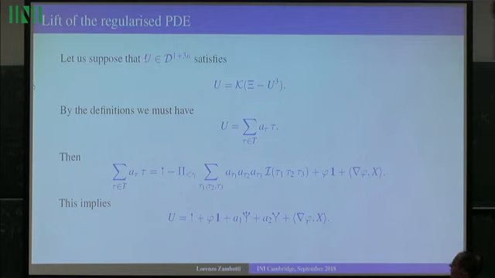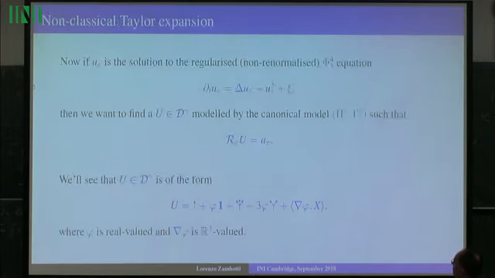The aim is to write U as the fixed point of a lift of the PDE. Now the lift is this. Sorry, I did not write this in the mild formulation. You can write this as U epsilon, maybe I do that, I should have done so.